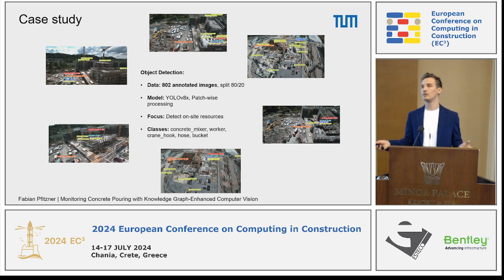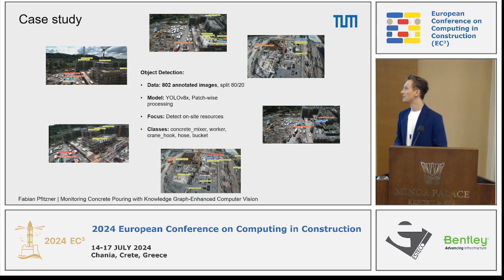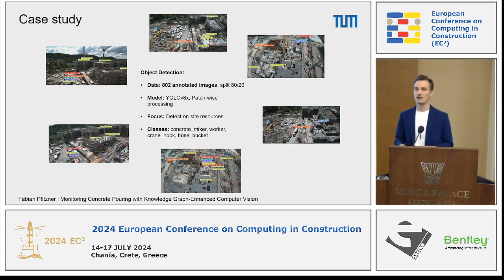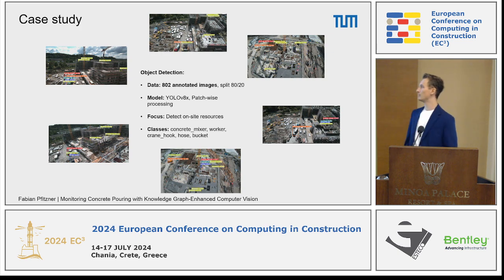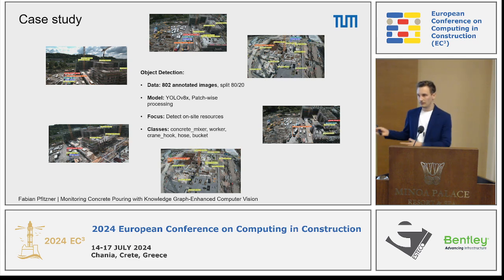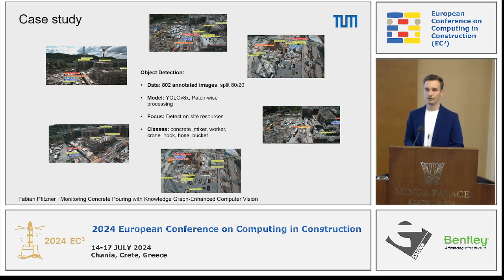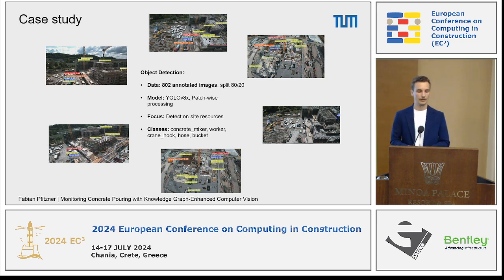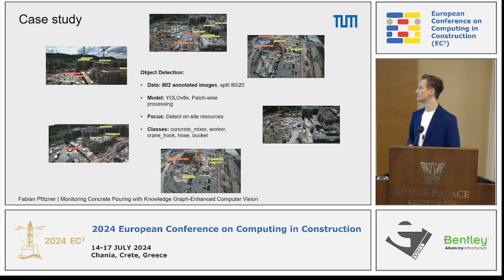And here again, the focus is on the on-site resources. So what resources are involved in our as-performed processes. And we focused, like on the concrete pouring example, on classes like concrete mixer, worker, the crane hook, the hose, and the bucket.